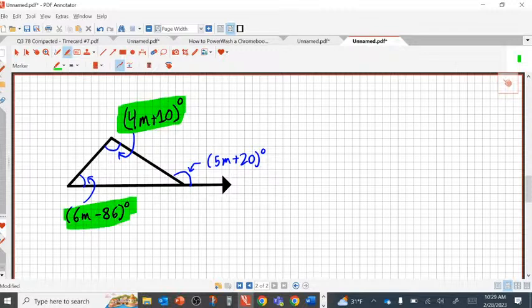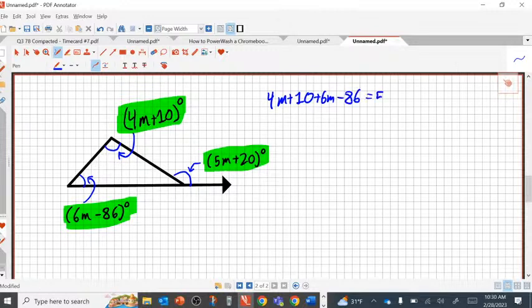If I add these two interior, non-adjacent angles together, I get the exterior angle on the other side. So my equation would be something like 4m plus 10 plus 6m minus 86 equals 5m plus 20. From there you could solve for m. From there you could find every single angle that you want.